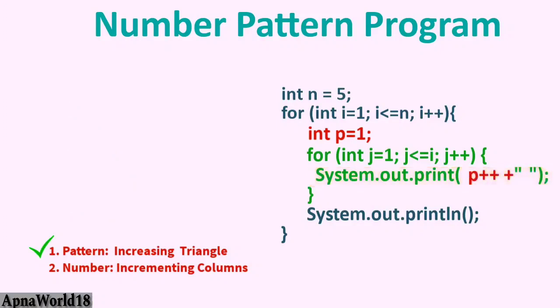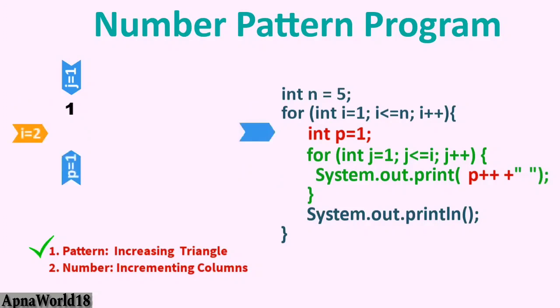So let's see how it will work. It will start with row 1 with i is equal to 1. Then it enters the loop and p is initialized to 1. When it enters the inside j loop, it prints p. For the first row, the inner loop will execute only one time, so the println statement is executed next and row is incremented to 2.